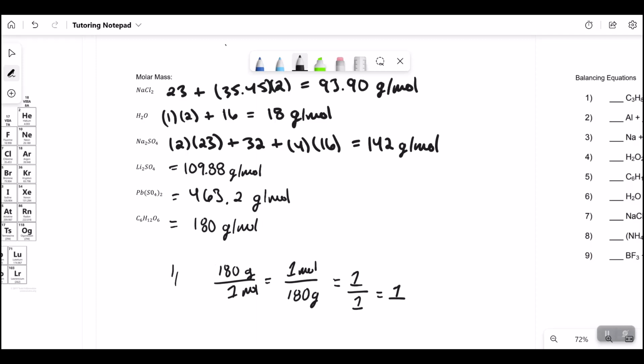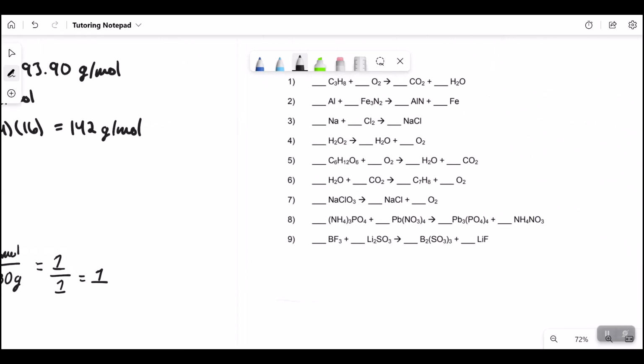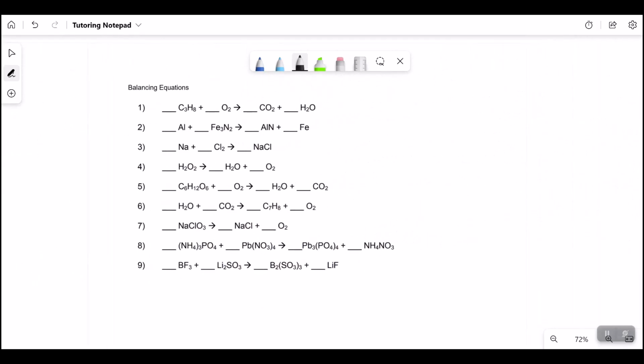So let's look at some balancing next. So in these equations, we can see in the top where we're not balanced. Our ultimate process for these is to make sure that carbon has the same amount of carbons on the left side as on the right side. And we use the arrows to dictate the sides that they're on. So for number 1, we see that we have carbon, we have hydrogen, and we have oxygen.